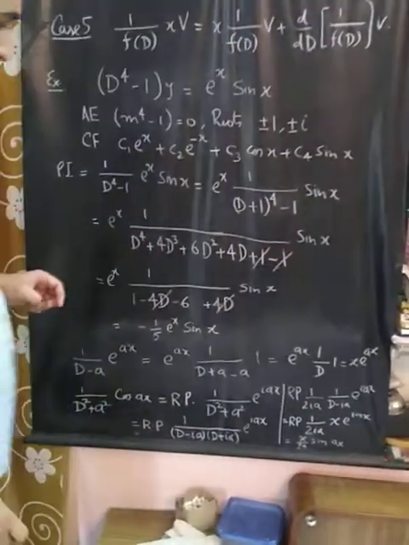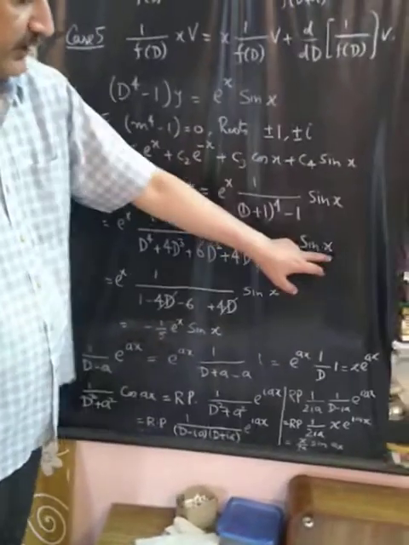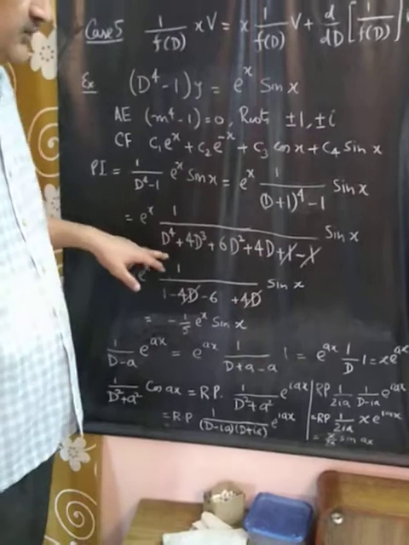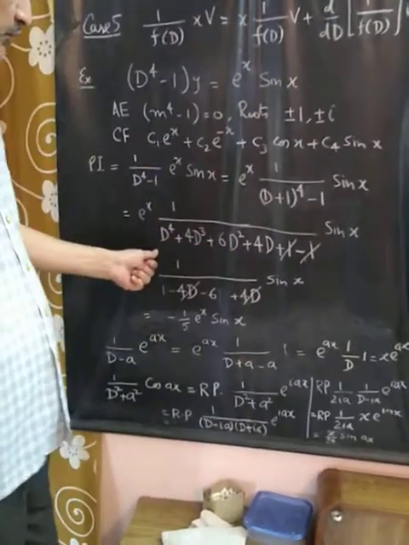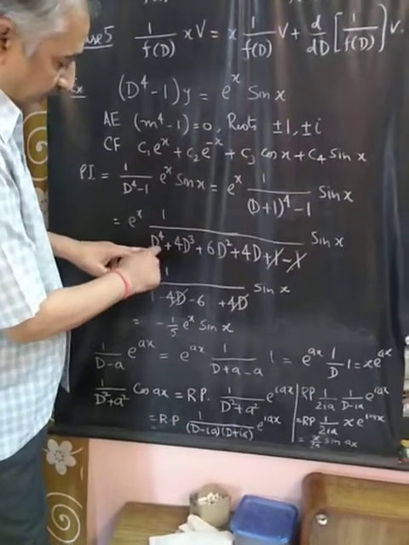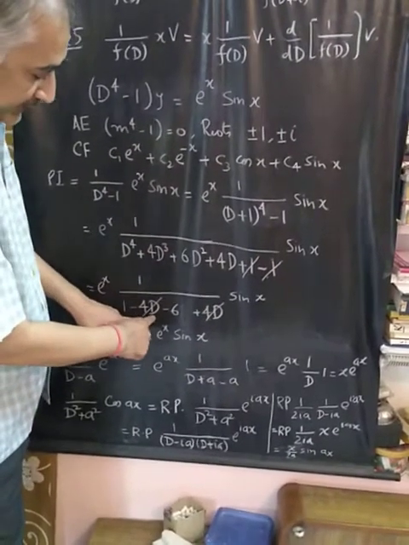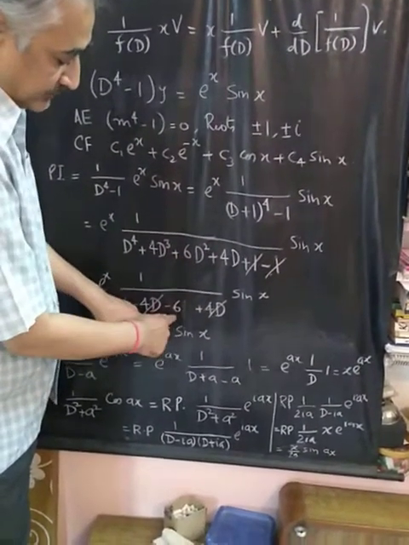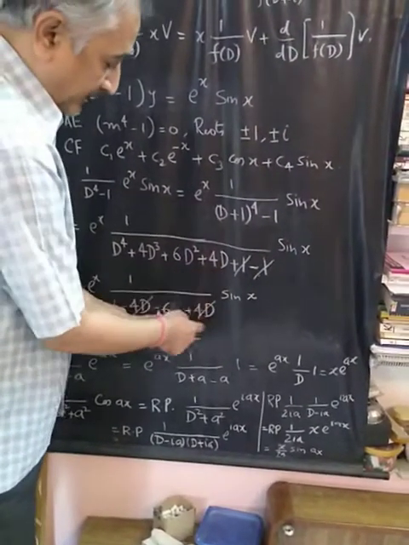So we know that if this is something which is operating on sin x, then I will replace D square by minus a square. So it is here 1. So D square is replaced by minus 1. When you replace D square by minus 1, D^4 becomes 1, 4D cube becomes minus 4D, plus 6D square becomes minus 6, because this D square is minus 1, and this is 4D as it is.